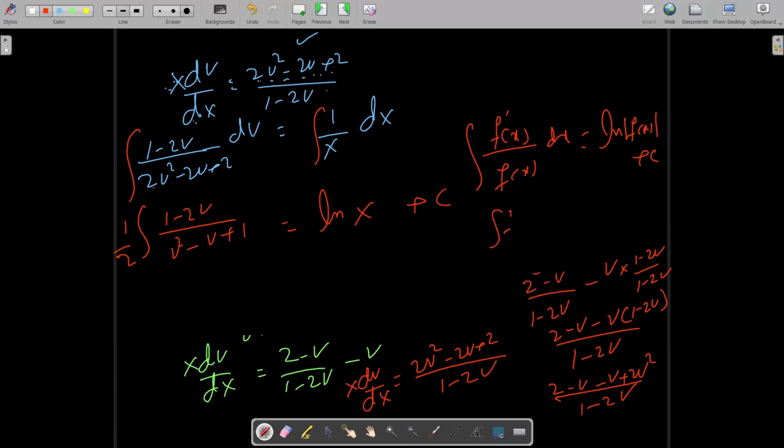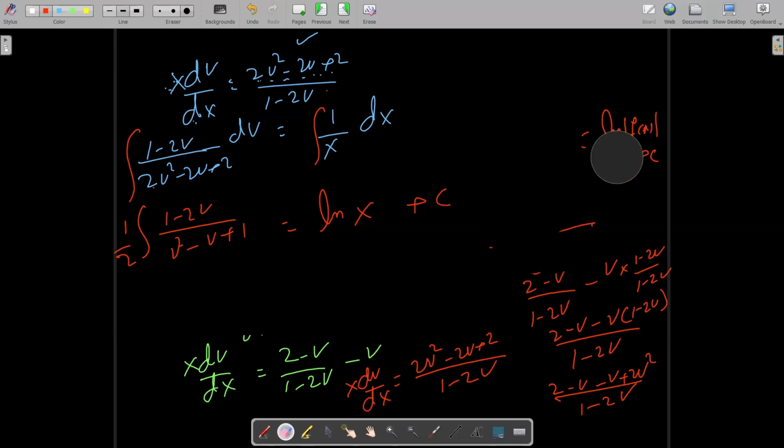Just like the integral of 1 over x is ln x: x is the lower function, its derivative is 1 that exists on the top, so the integral would be the logarithm of the lower function. Just like when you have a different function f of x, if its derivative exists on the top, your integral will be ln f of x plus c. Does that make sense? Yes.